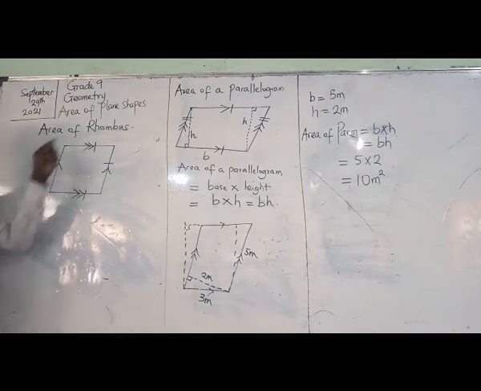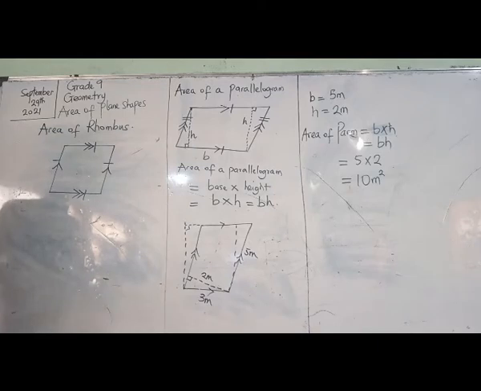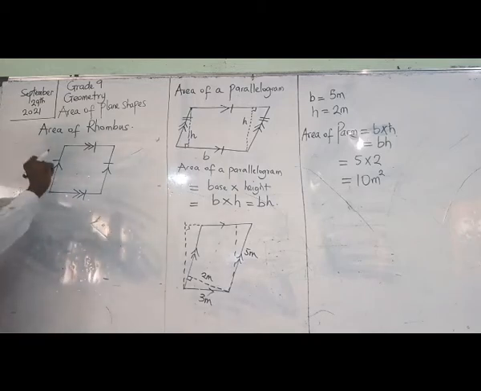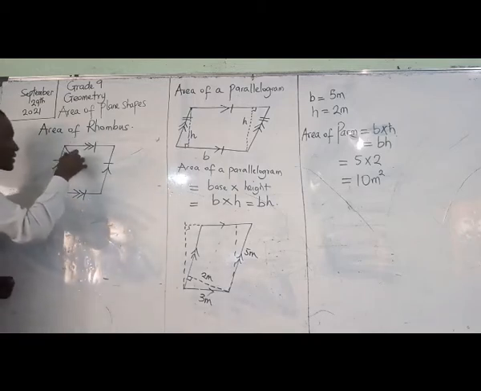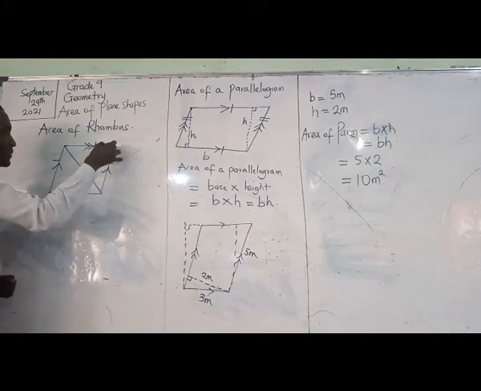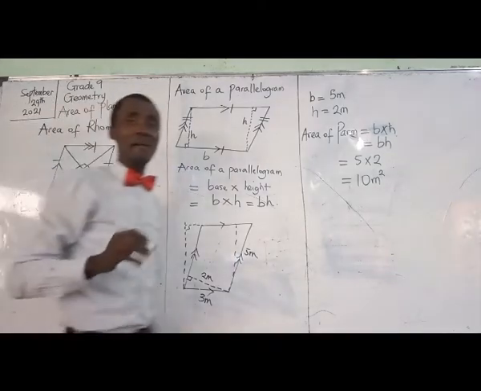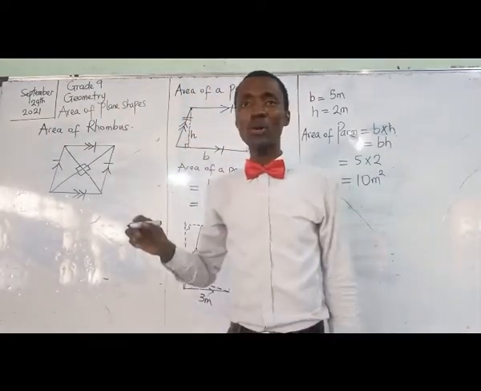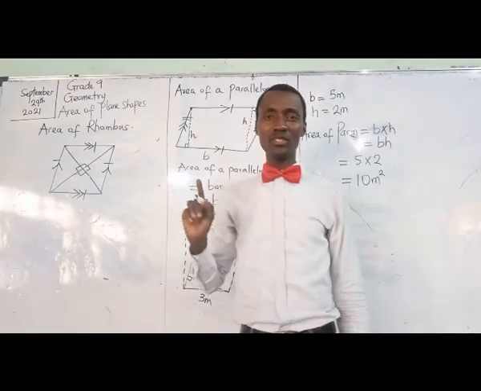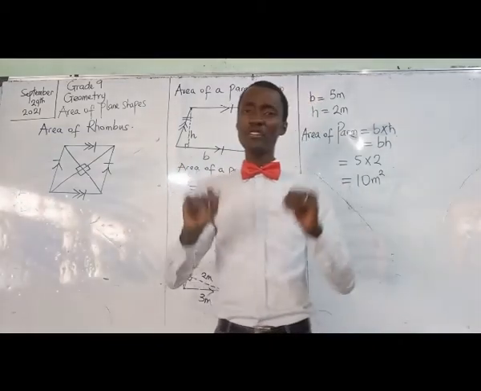Added to that, another interesting feature you're going to see in a rhombus is that the diagonals bisect themselves at 90 degrees. The diagonals bisect themselves at what? 90 degrees.